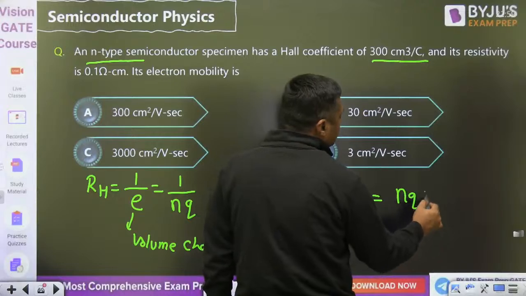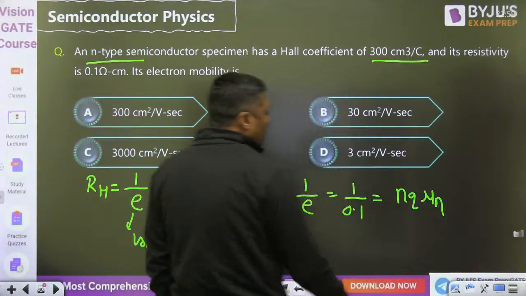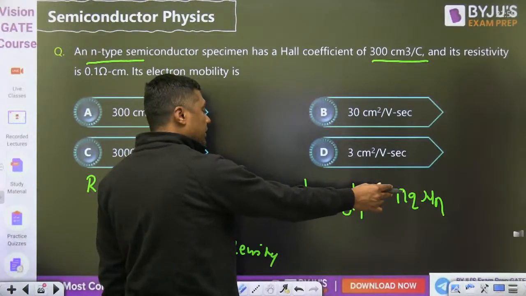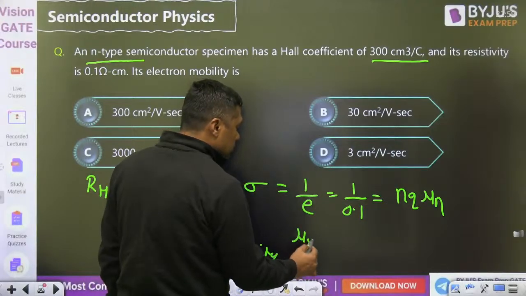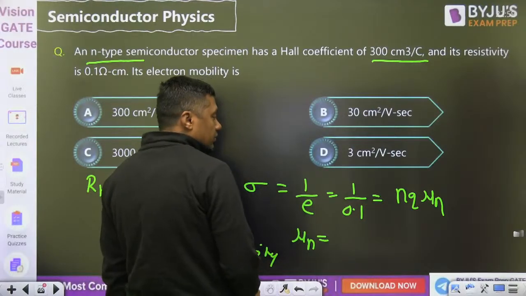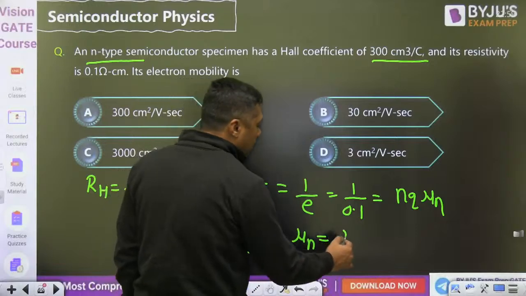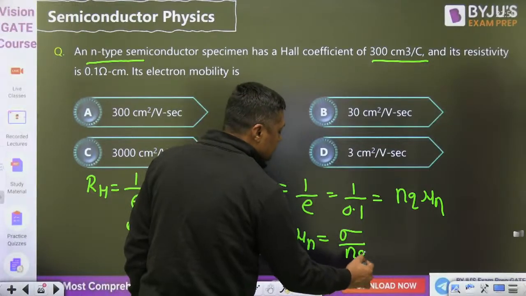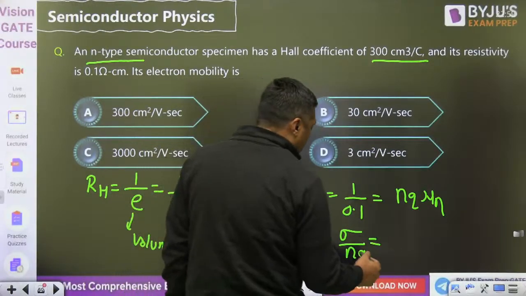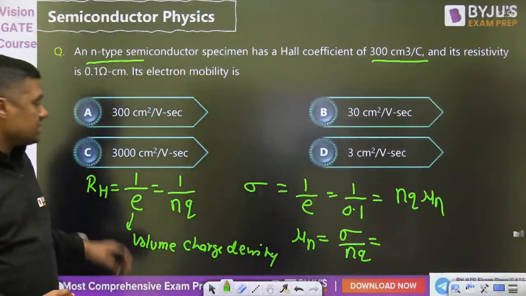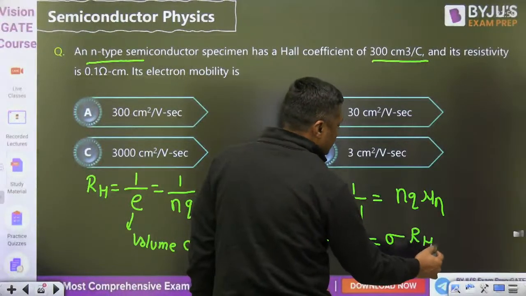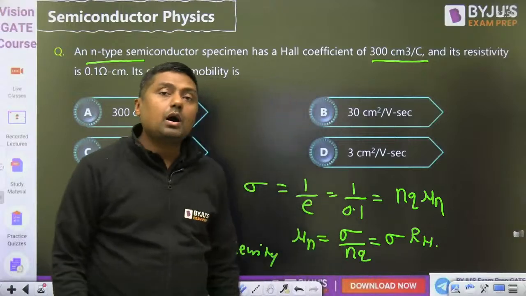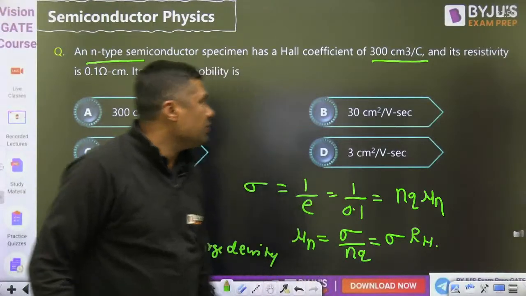Sigma is equal to NQ mu n. Now you have the NQ. So what is the mobility? Mu n is equal to sigma by NQ. And 1 by NQ is equal to RH, so mu n is sigma RH. That is the formula: sigma RH. Sigma is 1 by the resistivity.